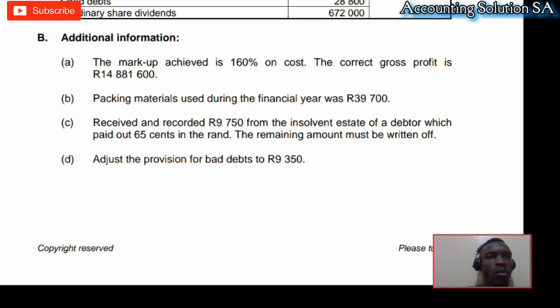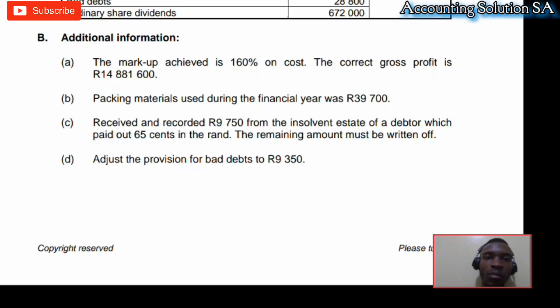Then the remaining amount must be written off. Of course, we have to calculate the bad debts: 9,750 multiplied by the remaining amount. He paid 65, which means that we are going to write off 35 cents of each rand. It's 9,750 multiplied by 35 cents.